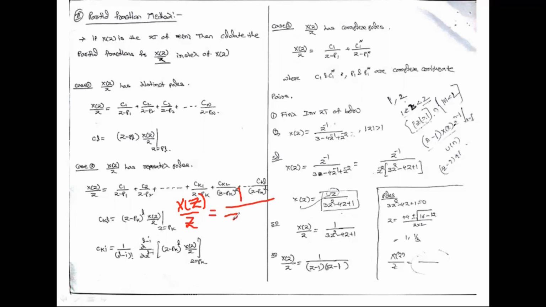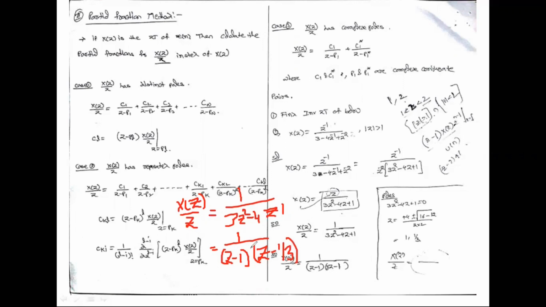X of z by z is 1 by 3z square minus 4z plus 1. What are the roots? We got 1 and 1 by 3. So z minus 1 and z minus 1 by 3. So multiply this function z square minus z minus 1 by 3. So minus 1 minus 1 by 3 is 3z.